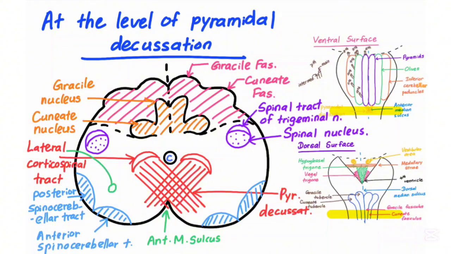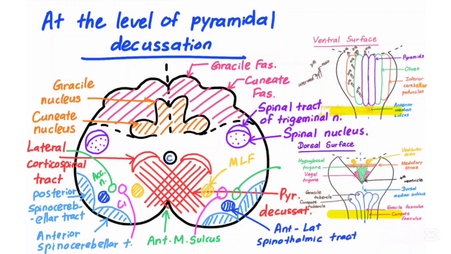In addition, here's the accessory nerve, cervical nerve, medial longitudinal fasciculus, and anterolateral spinothalamic tract. So the most important features of this level are the pyramidal decussation, then the gracile and cuneate nucleus, and then the gracile fasciculus and cuneate fasciculus.